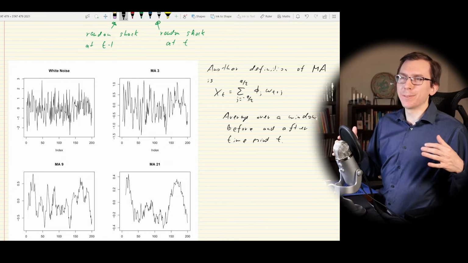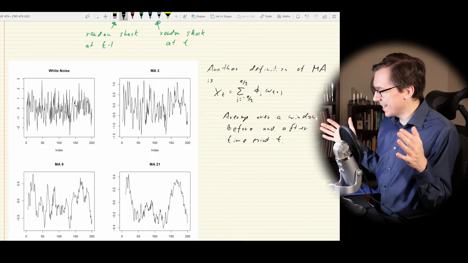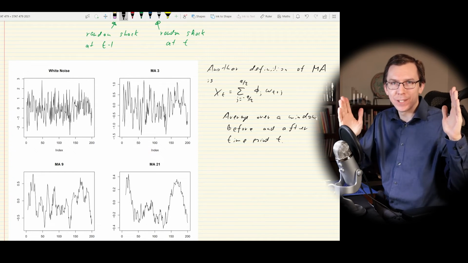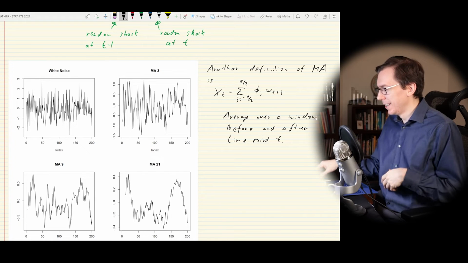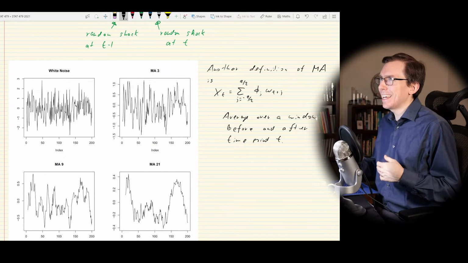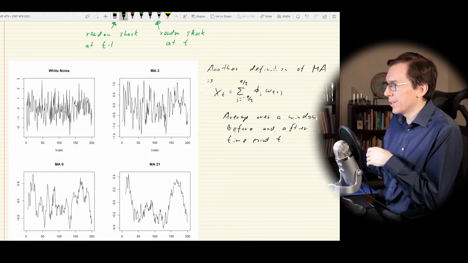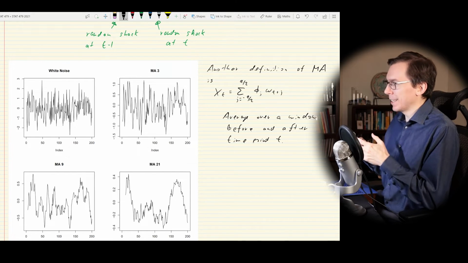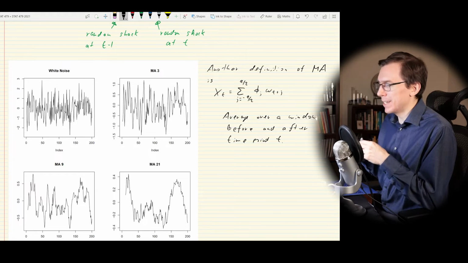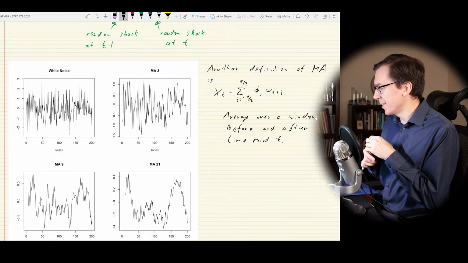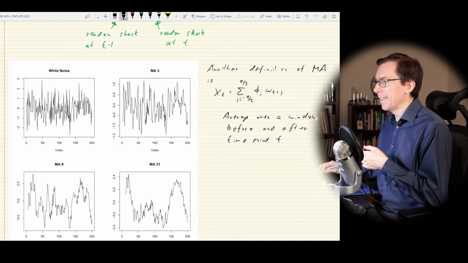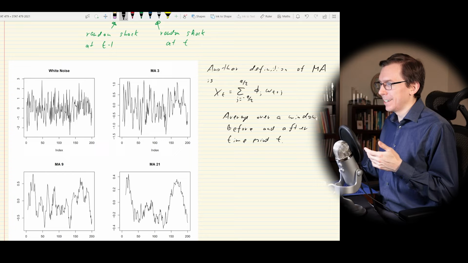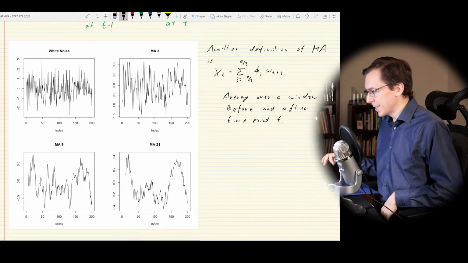So this is another way that we can represent a moving average process. We'll be taking the time points in the past and the future and summing them in a weighted way via the phis. Typically, it doesn't have to be this case, but the phi values would sum up to 1, and then you'd have some weighted average of the adjacent white noise process points.